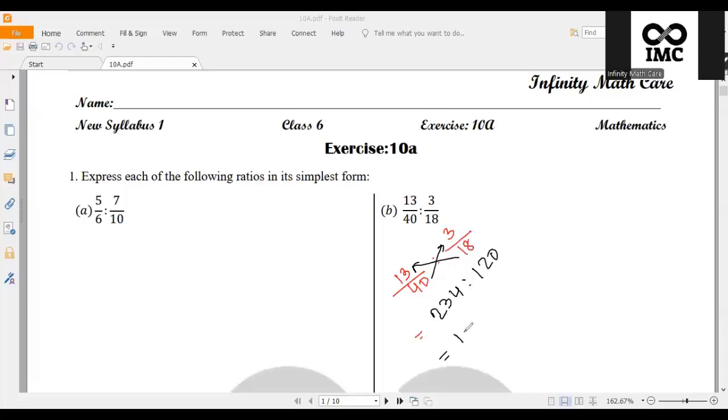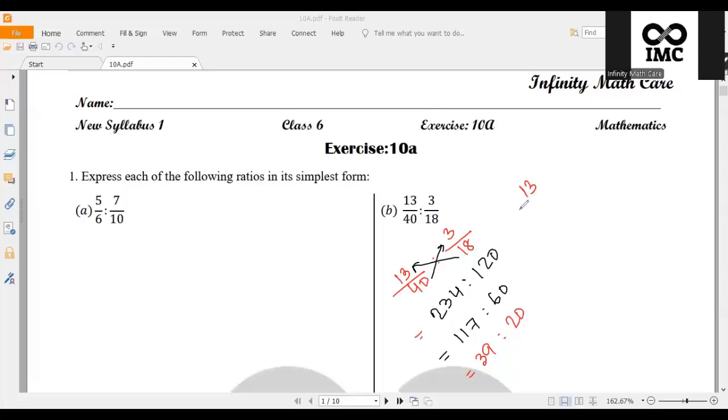So 117 is to 60. Now we need to divide this ratio again by 3. If I add the digits 1, 1, 7, that is 1 plus 1 is 2, 2 plus 7 is 9. So 9 is divisible by 3. So 117 by 3: 3 3s are 9, we get 39 is to 3 20s are 60, that is 20.